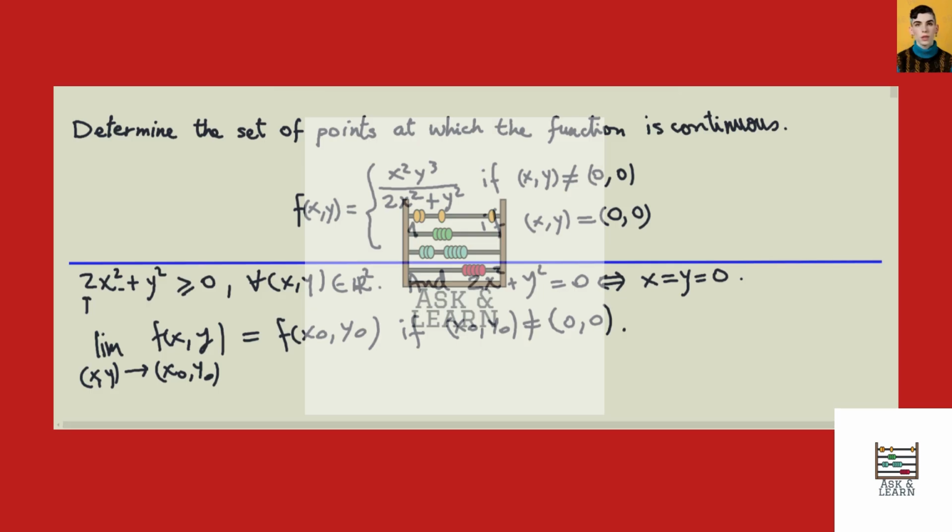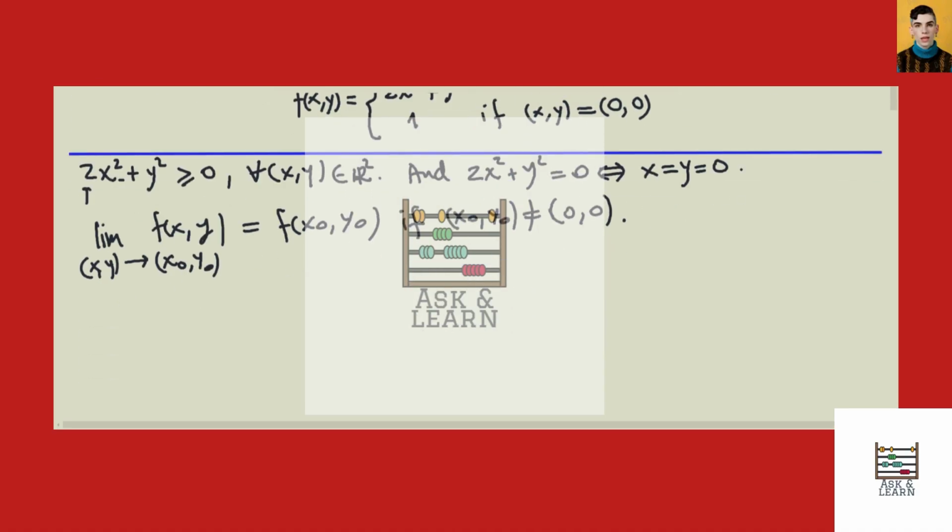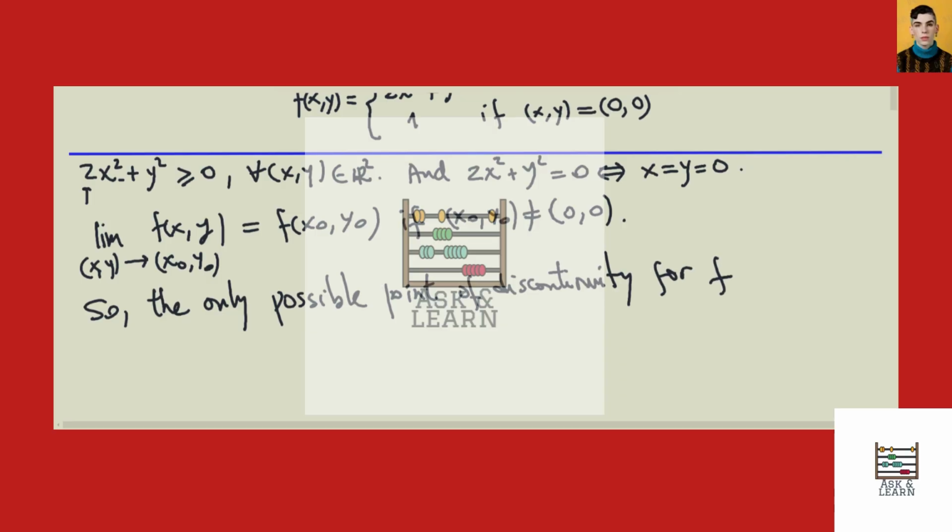And then the only point where the function can be discontinuous, if it is at all, is the origin. So the only possible point of discontinuity for f is (0, 0).